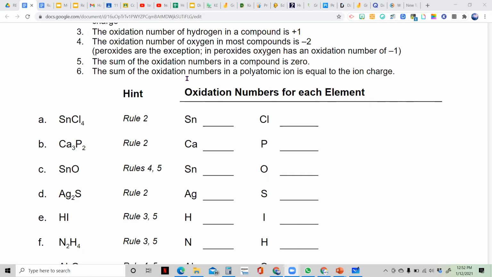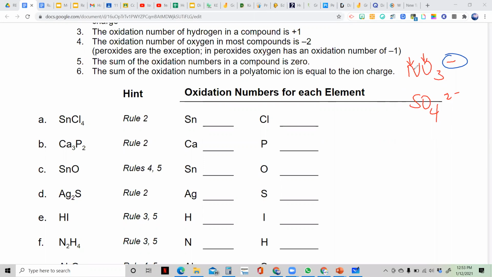The oxidation numbers in a polyatomic ion. What is a polyatomic ion? Again, we know some of them. We have nitrate, we have sulfate, and the list goes on. What they're saying is that when I add the oxidation numbers of the elements in a polyatomic ion, it is going to be equal to the charge on the ion.